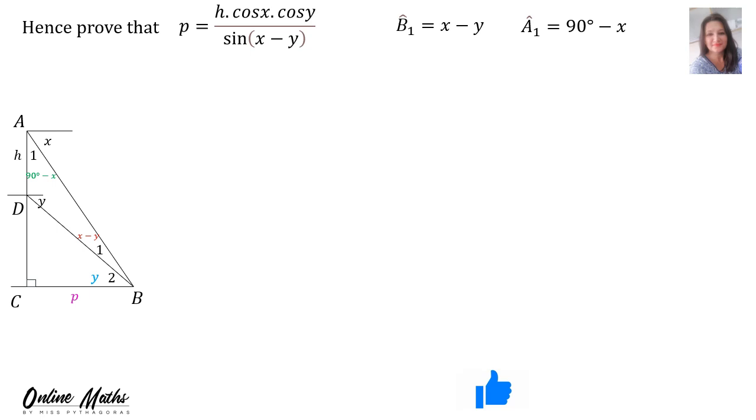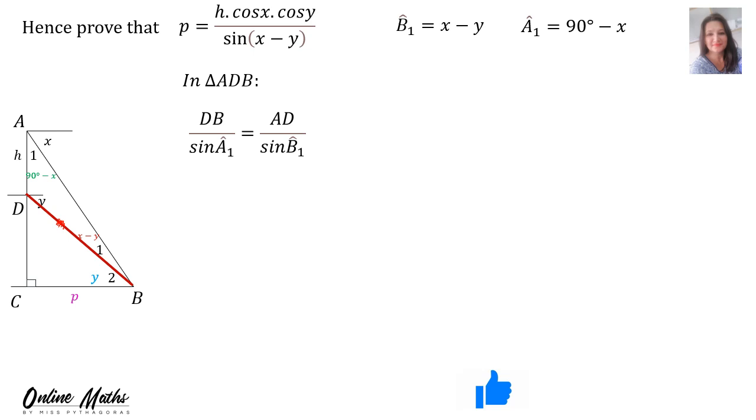We go to the triangle furthest from P, which will be the non-right angle triangle ADB, and we will make DB the subject of the formula. So we start in triangle ADB. That's the non-right angle triangle. Let's make DB the subject of the formula, where we will use the sine rule, and it's DB over sin A1 is equal to AD over sin B1.